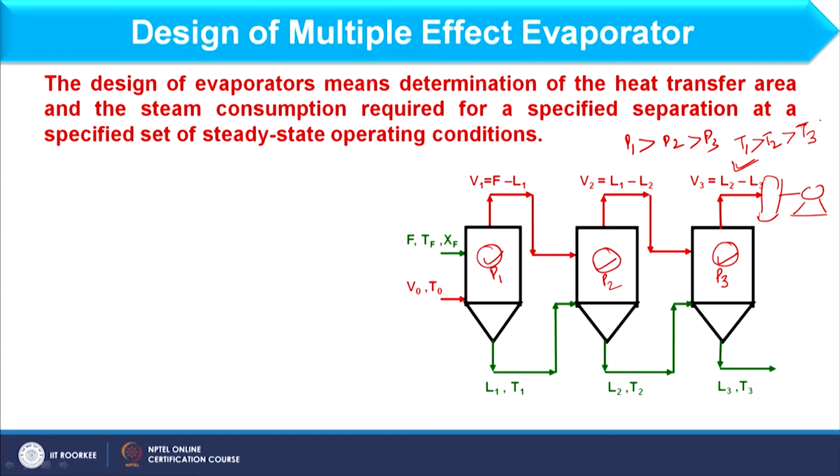As I am having a decrement in pressure, the natural movement of feed will be from high pressure to low pressure. So, movement of feed can be ensured when I am considering a vacuum pump, right. First effect will be at high temperature, then the second effect and then the third effect.